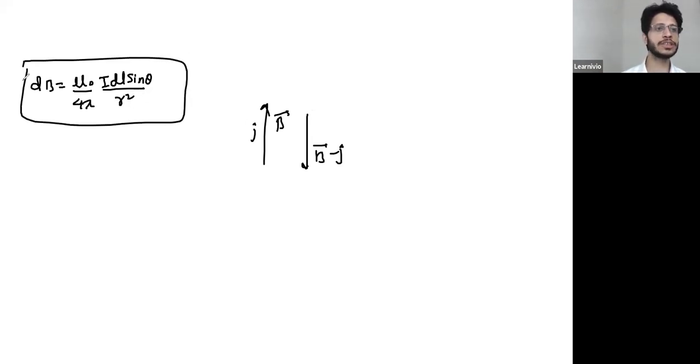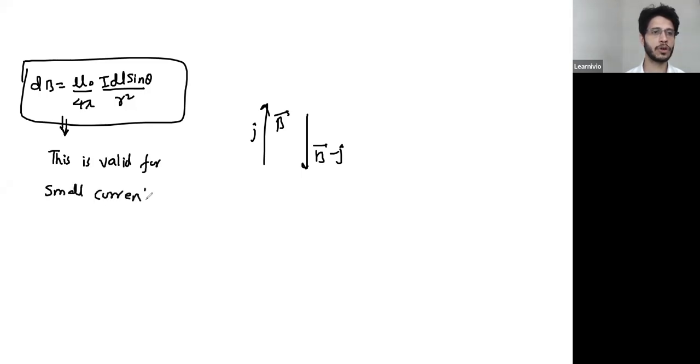So while using this expression mu naught by 4 pi I dl sine theta by r square, always remember that this is valid for a small current element. Small current elements.